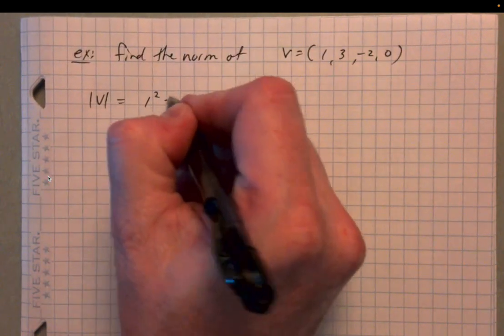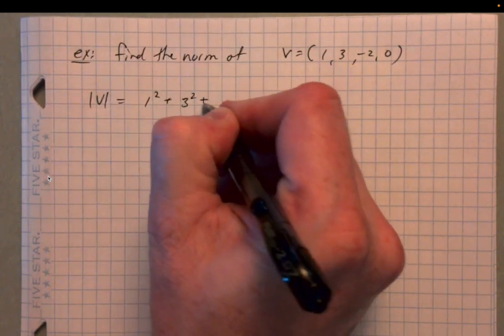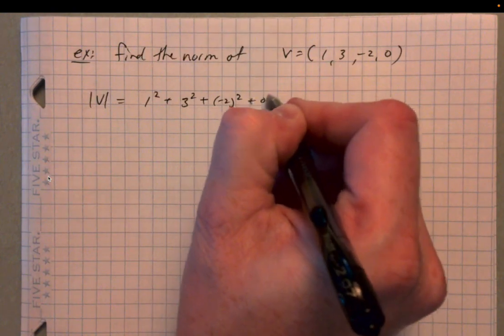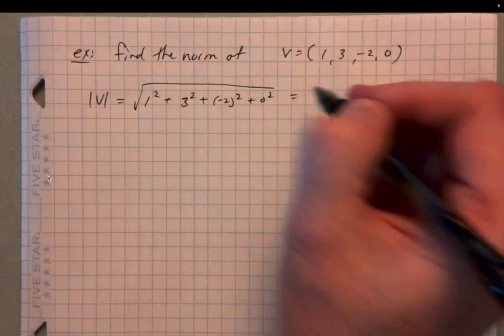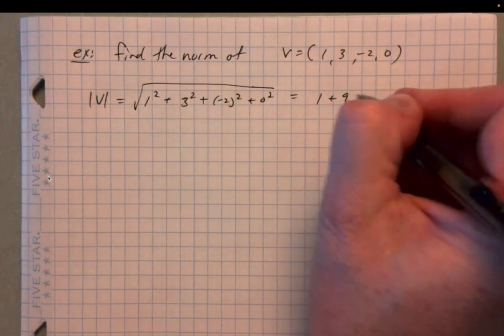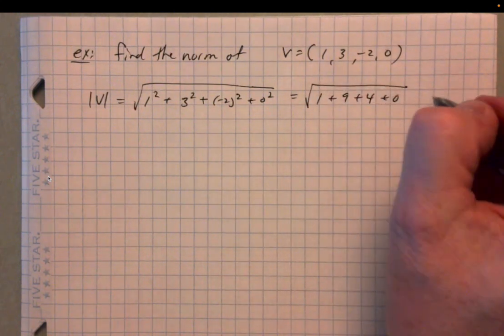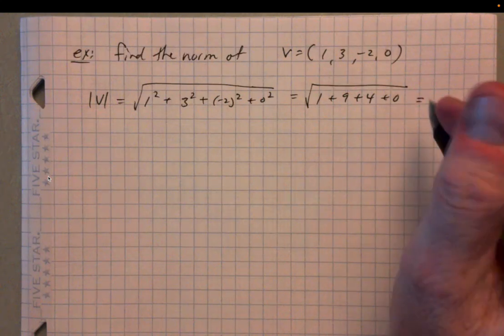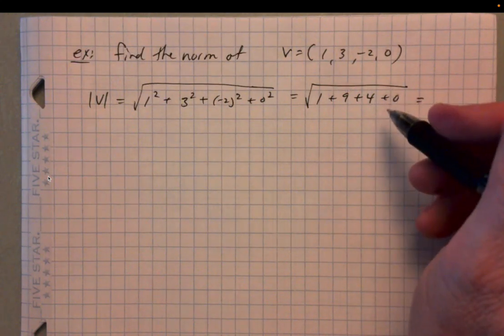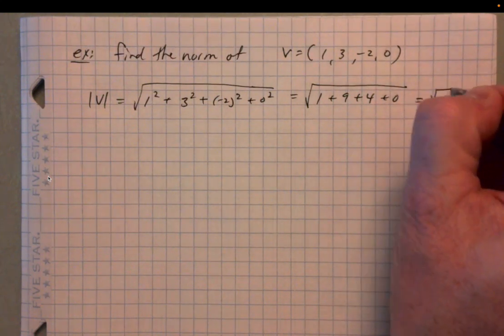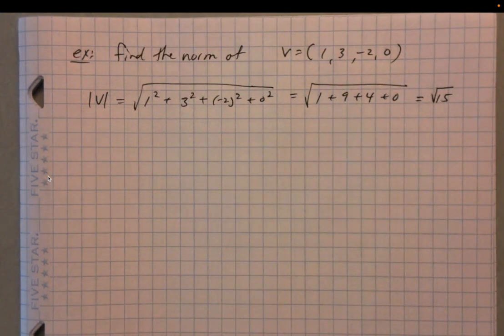So that's 1 squared plus 3 squared plus negative 2 squared plus 0 squared. Take the square root. So that's 1 plus 9 plus 4 plus 0. And so this is the square root of 15.